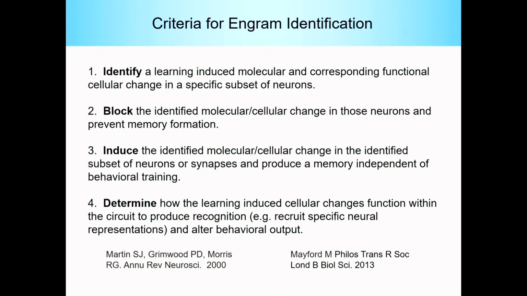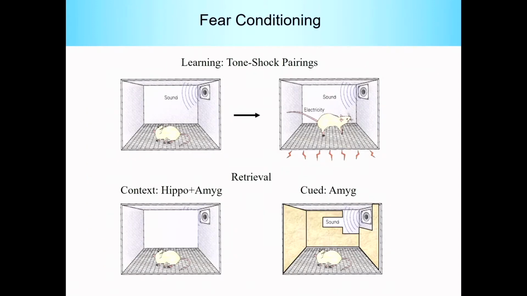And then finally, I would add that as I outlined in that circuit picture, you would like to understand how those little changes in neural connectivity actually control the entire pathway to give you the altered behavioral output. All right, so we're going to try to do that in the mouse. I probably don't need to go through this. We're going to use simple Pavlovian fear conditioning, where we're looking primarily at context fear. Basically, do they remember the box that they were shocked in?